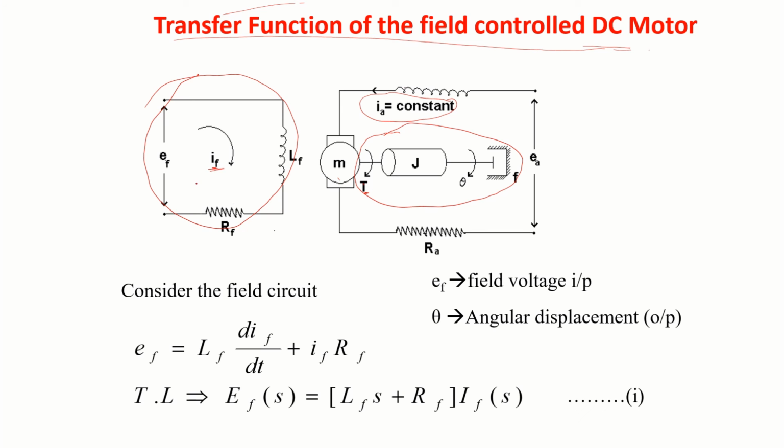Now, considering the field circuit, you will get EF is equal to LF dIF by dt plus IF RF. Please know the fundamental first problem, then it becomes very easy to understand this. Then take Laplace, you will get this.